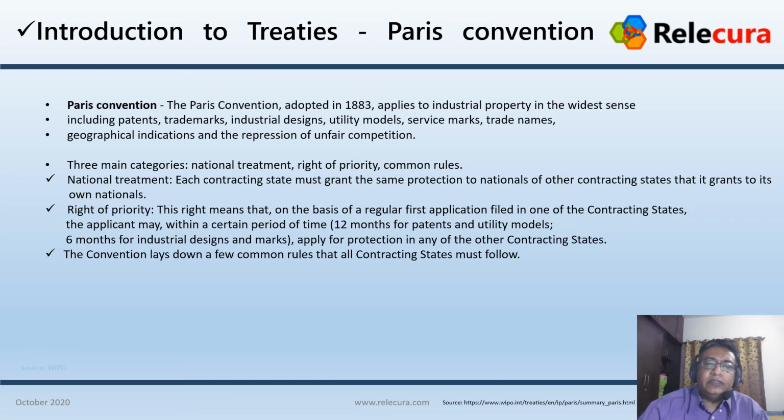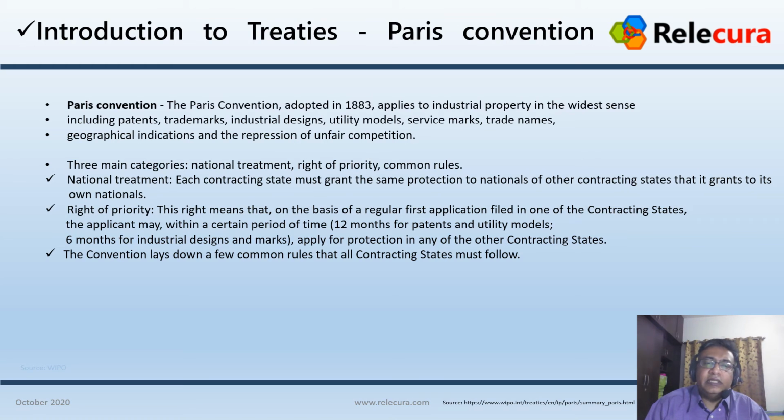The Paris Convention was adopted in 1883, and it applies to industrial property in the widest sense, which includes patents, trademarks, industrial designs, utility models, service marks, almost all intellectual property rights. There are three main categories which come under the Paris Convention.